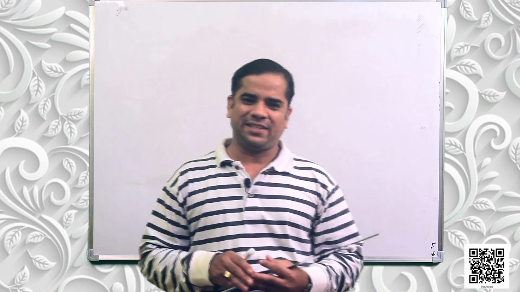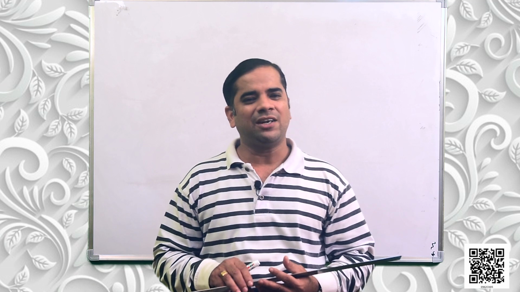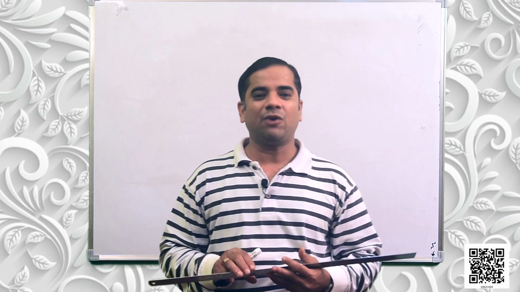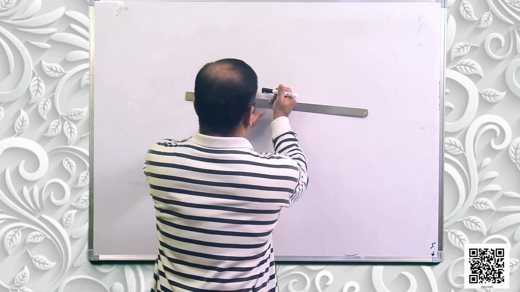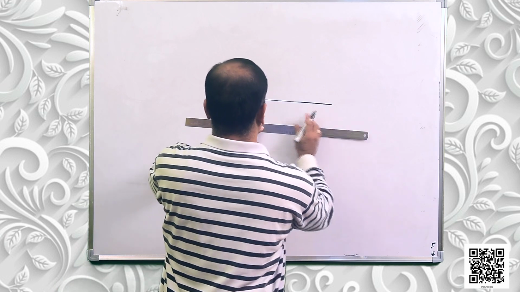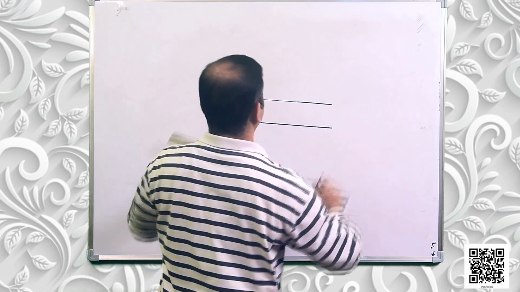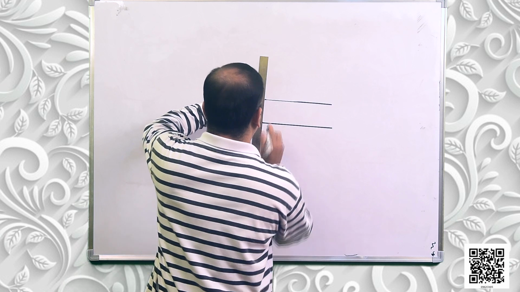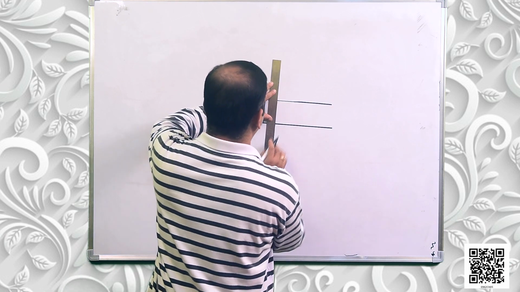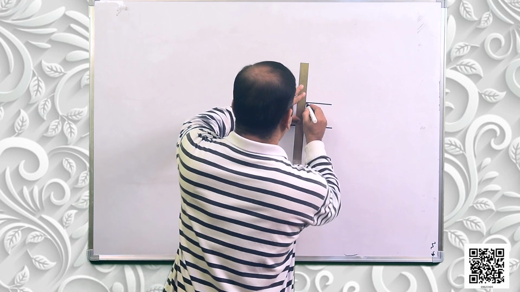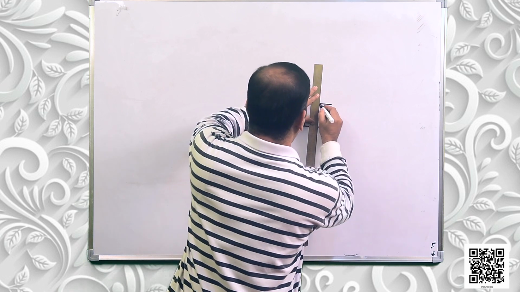Another way of saying this is that parallel lines are those lines which maintain a perpendicular distance between each other. So, if I draw two lines and join the perpendicular points, I get exactly the same length.